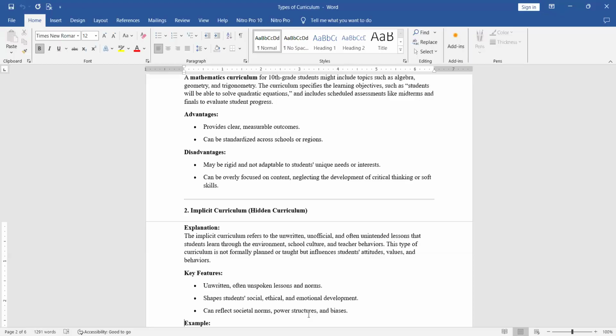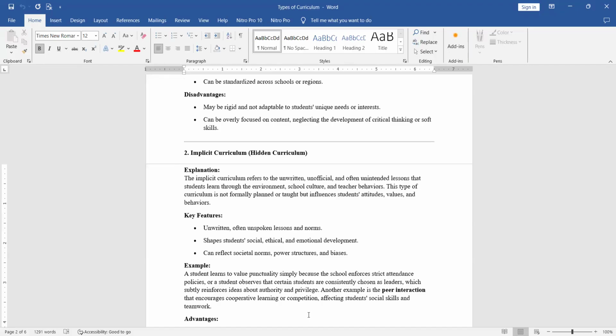And it influences the child to be thankful, to be happy, to be kind of religious or like that. They learn a lot of things because of these practices in the schools. So for the development of attitudes, values, and behaviors, this hidden curriculum of the school, the implicit curriculum of the school, is very important. We call it the school culture.